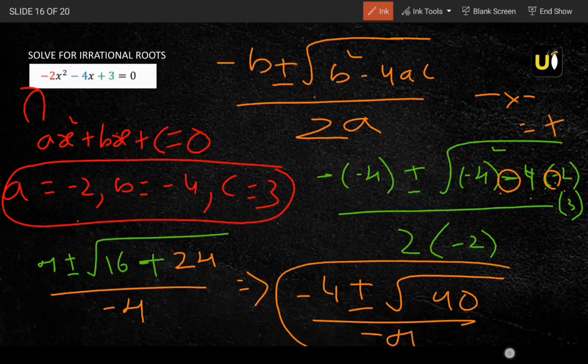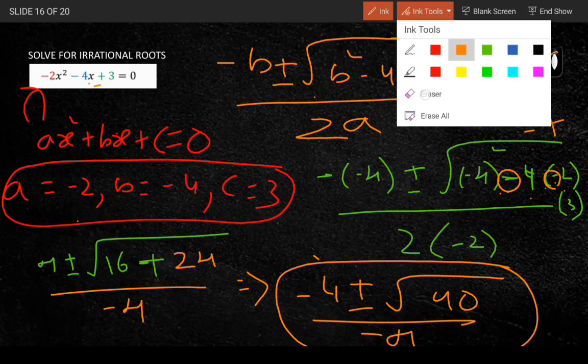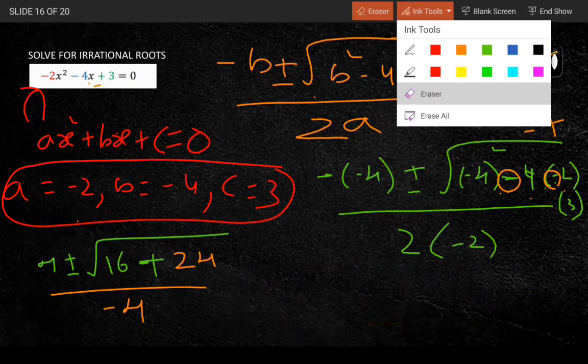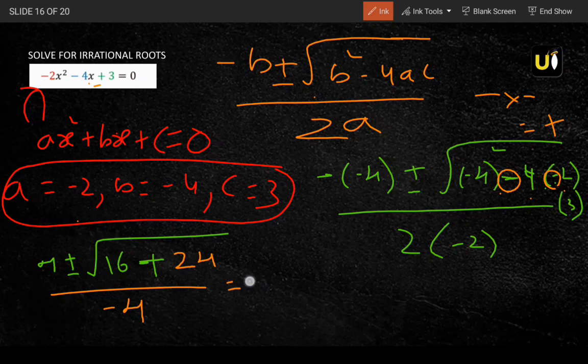So these two are the irrational roots of this equation. We can simplify this further. That will be minus 4 plus or minus root 40 by minus 4, right?